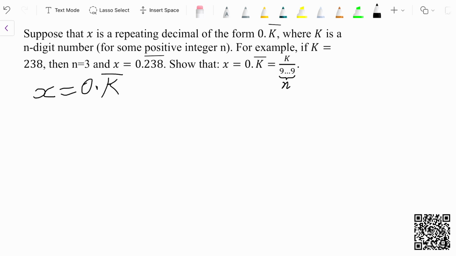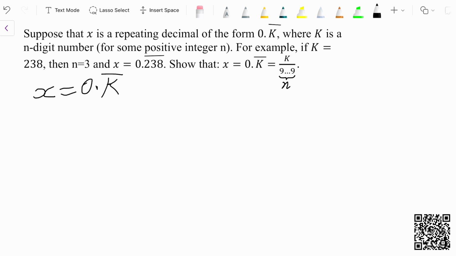And since we are trying to pull out the k by itself so you can subtract easier, we are going to be multiplying by 10 to the power of how many digits the k is repeating in. However, we do not know what that is right now, but it's already told us that it's going to be an n. Usually, if you had 0.9 with a bar, then you're going to multiply by 10, which is 10 to the power of 1 because there's only one digit repeating.